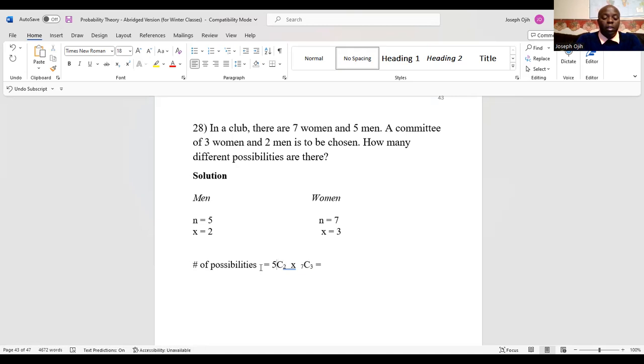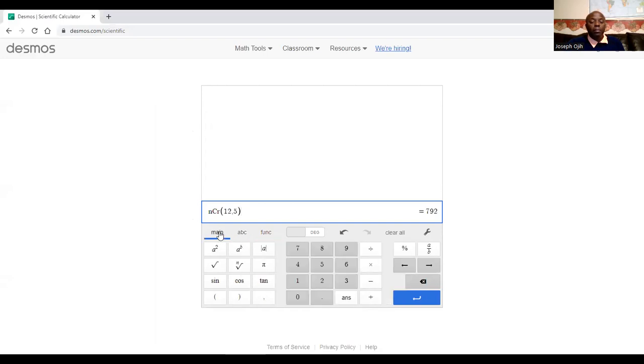So 5 combination 2 times 7 combination 3. Let me write this down so we can put it in the calculator. Taking you to the calculator, we are going to use parentheses to separate them.